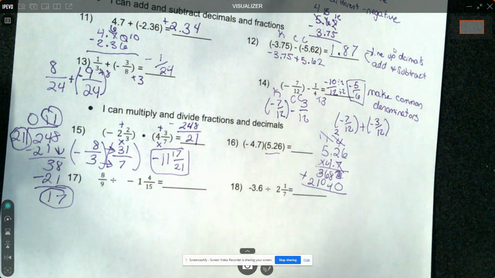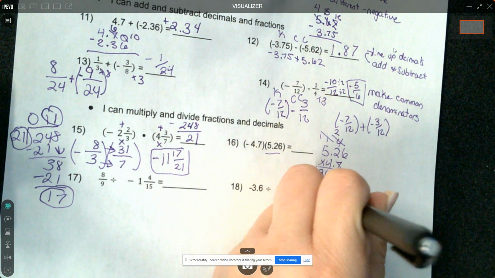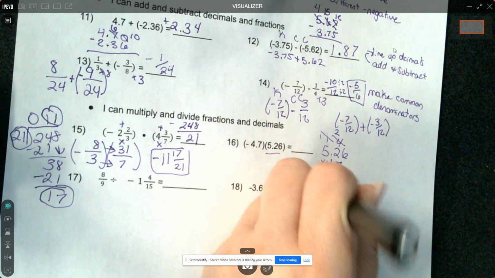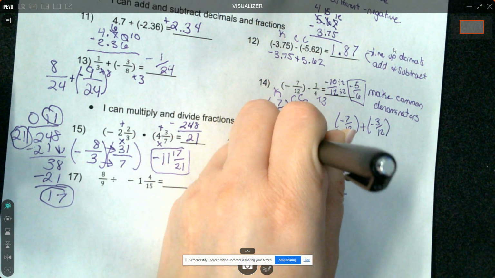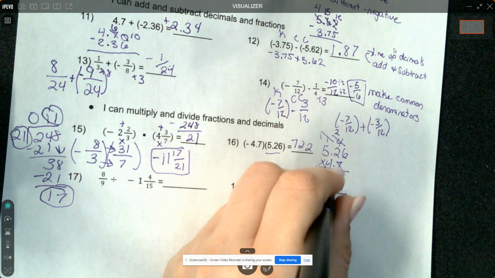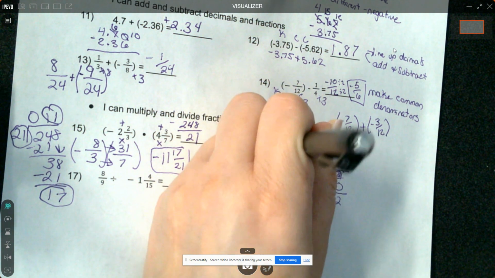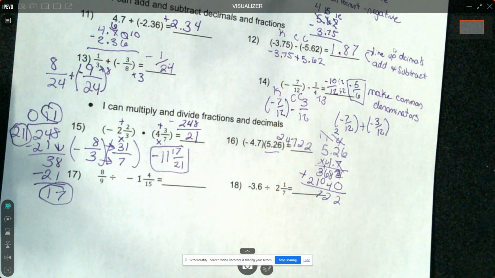Add up your numbers. You end up with 2, 8, 9, 12, 7, 4, and 2. Where does my decimal go, though?